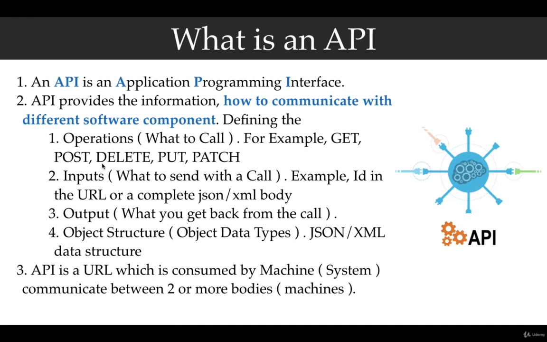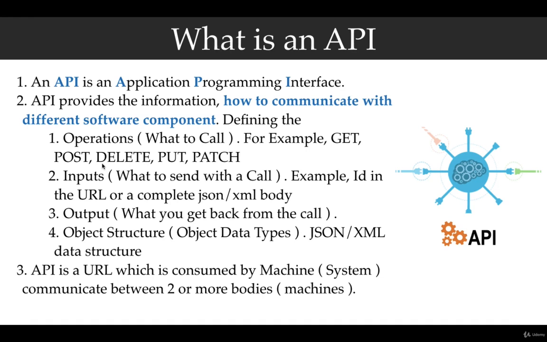For example, we have created an order processing API. If you call a URL with the GET method, you will get this particular response, and this response will return you the order.